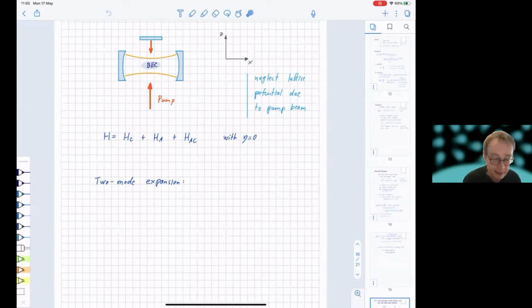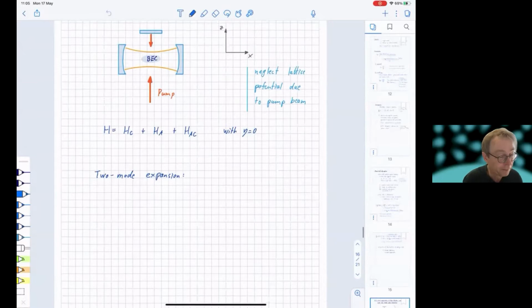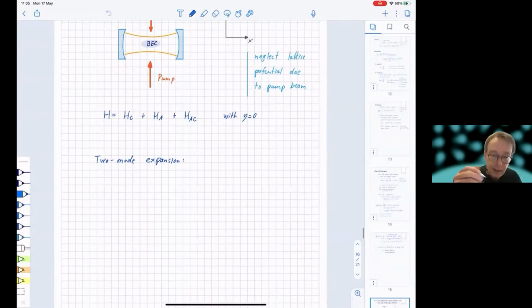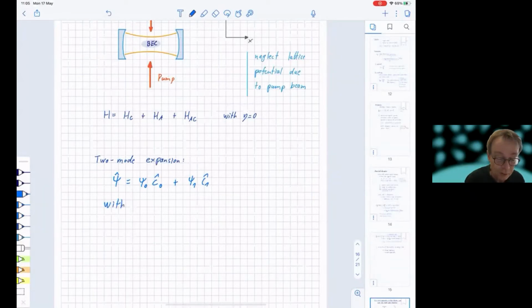So in this two-mode expansion, coming from our general Hamiltonian we wrote down last time, we expand in the momentum 0 mode and in a superposition of momentum states. We will come in a moment to see how that looks in a momentum picture.